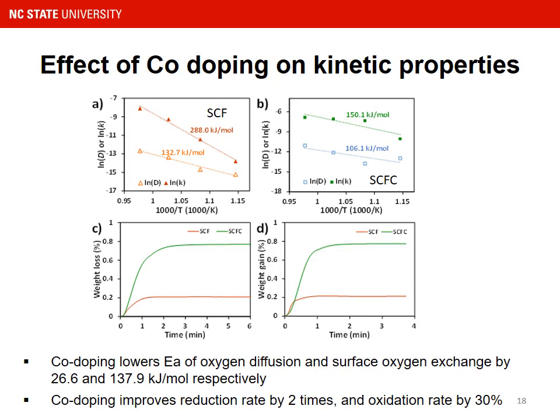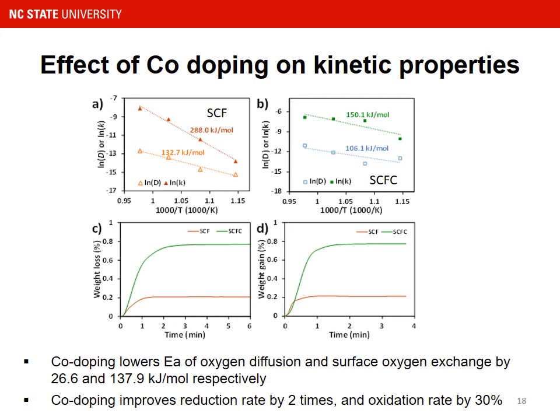We then studied the effect of cobalt doping on the kinetic properties of the sample, including oxygen diffusion and the surface oxygen exchange. It shows that by co-doping of calcium and cobalt, we can significantly reduce the activation energy for both oxygen diffusion and surface oxygen exchange.